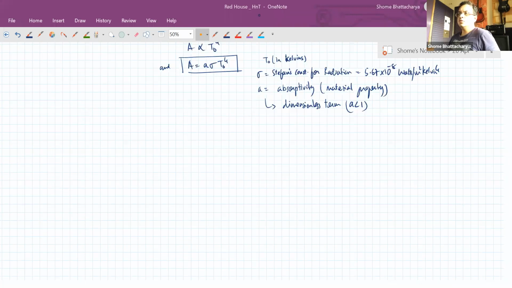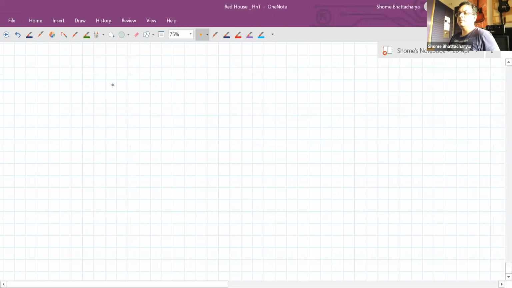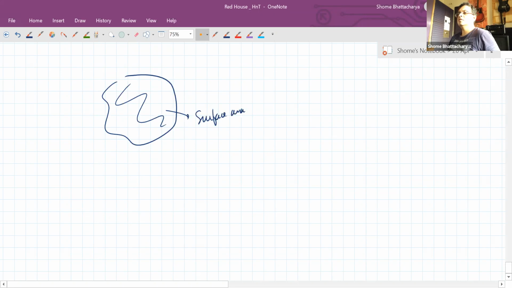Now, when we put these two phenomena together, that any material is kept in an environment which is at some temperature T naught, and let's say this has surface area equal to S, in meters square or whatever.